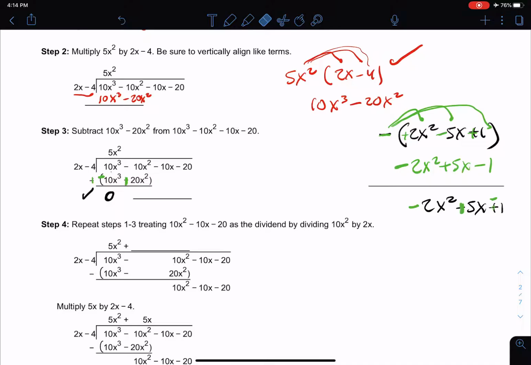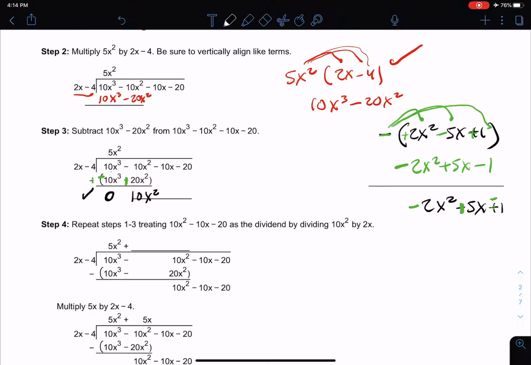Okay, this must be 0 with the first term. Now the second term could be anything, right? So let's see. We've got negative 10x squared plus 20. That's going to leave us with a positive 10x squared. Okay. All right, so that is done.